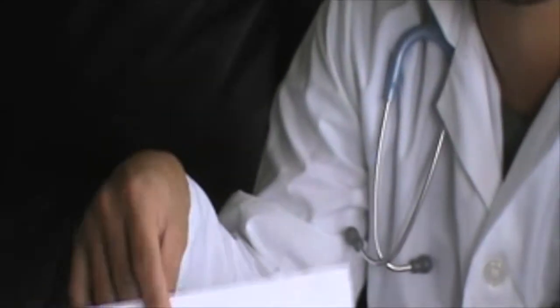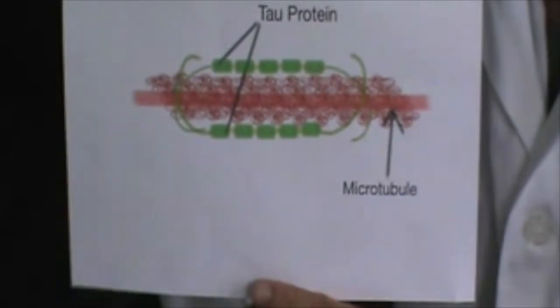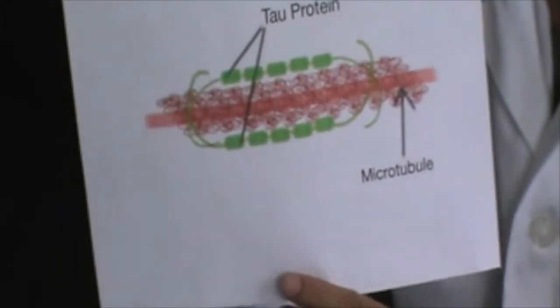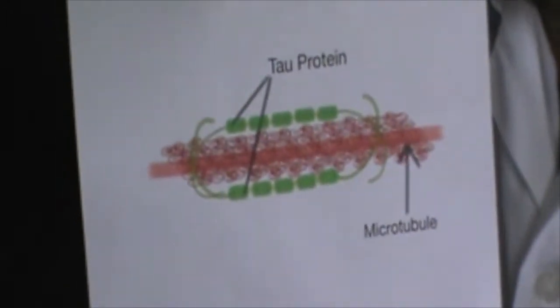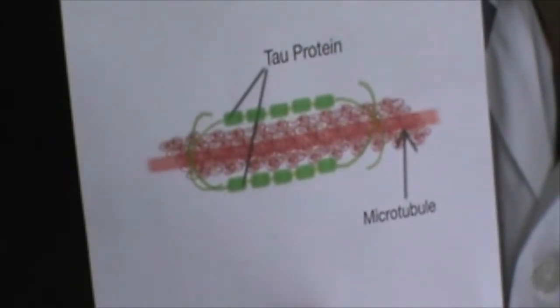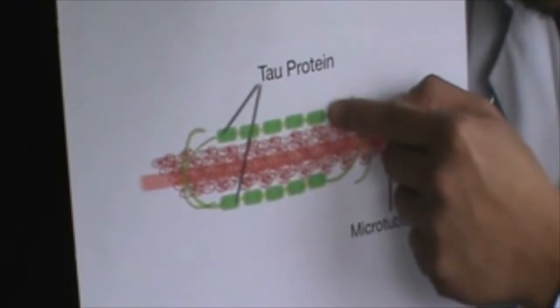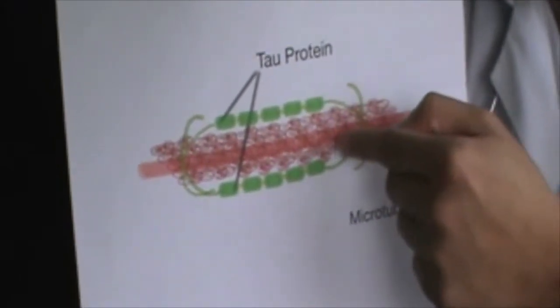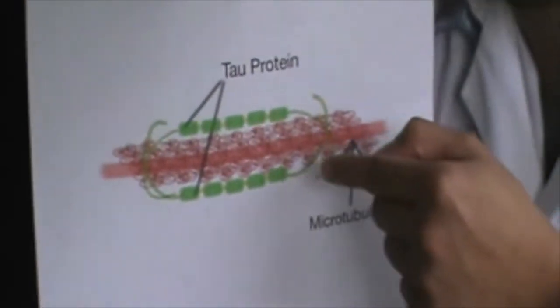Okay, and next I'm going to discuss the cause of the neurofibrillary tangle, which is made up of tau proteins. This tangle is built up of what is called tau. In the brain, there is a network of tubes that acts like a channel for molecules. That's the main purpose of tau proteins. It holds the microtubules.